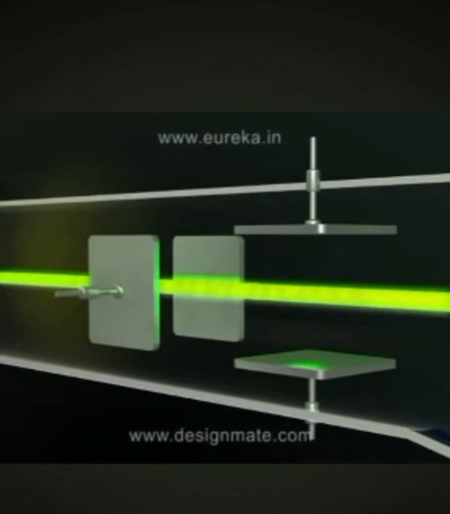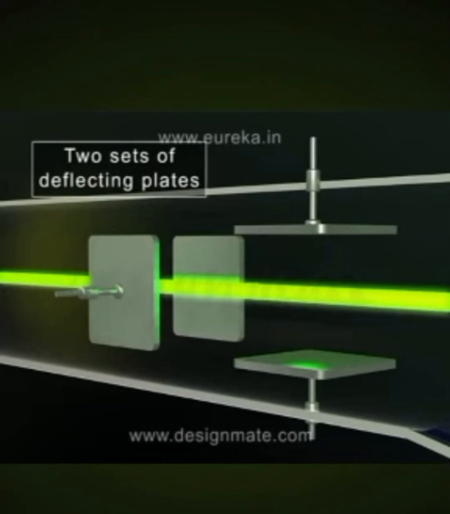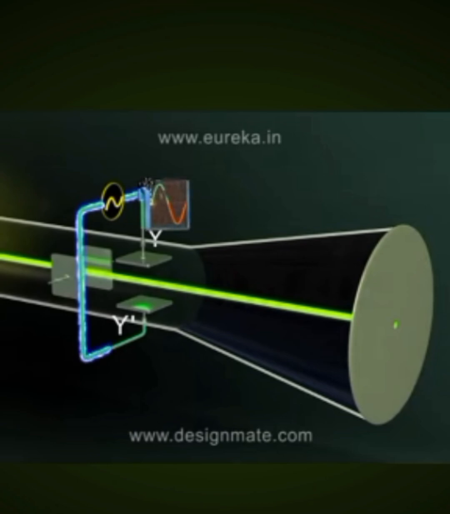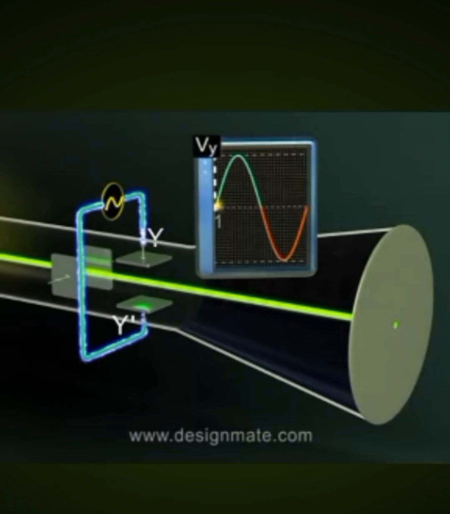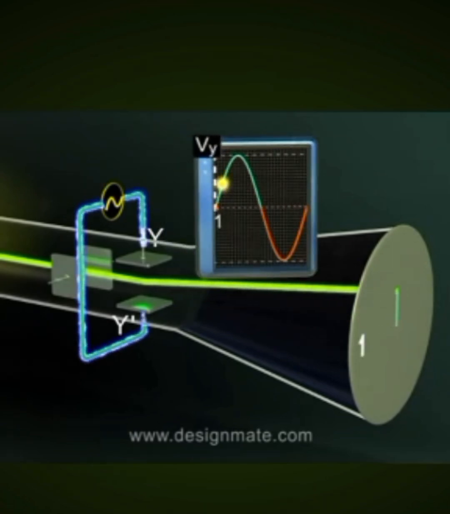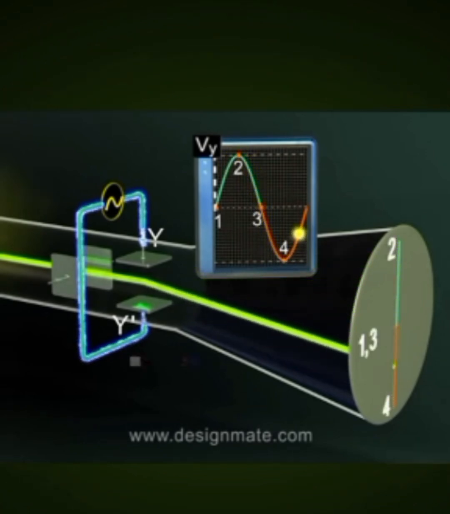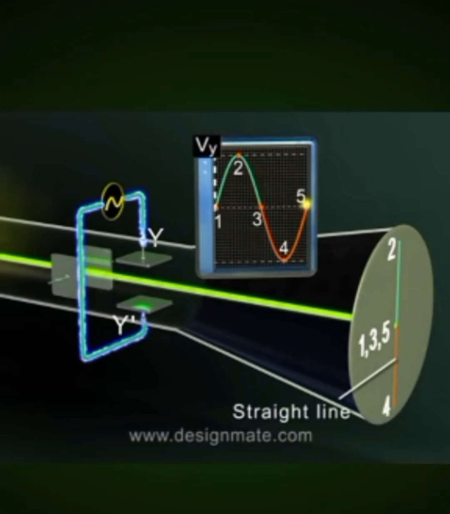Deflecting system. There are two sets of deflecting plates. When a potential difference is applied to Y-dash plates, it deflects the beam in the vertical plane. As a result, the spotlight moves vertically up and down in response to the applied voltage, and it traces out a straight line on the screen.